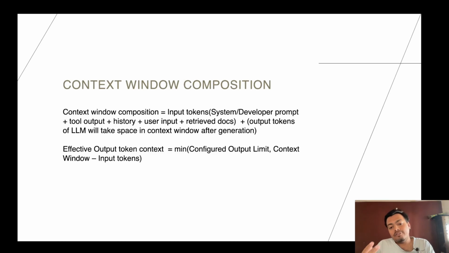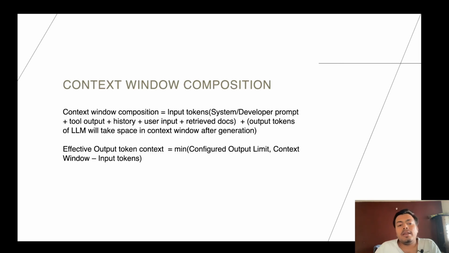Hence the LLM will generate the output from that 8k itself. As explained in the second line, the effective output token limit is the minimum of the configured output token limit, which is 16k for the highest version of GPT-4o, and the context window minus the input tokens.